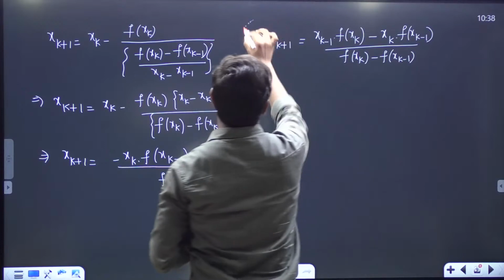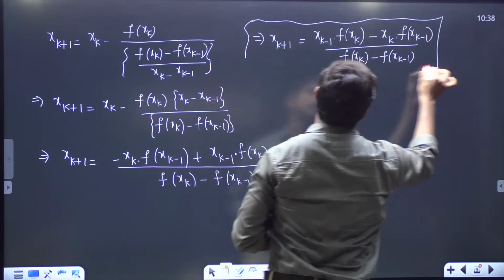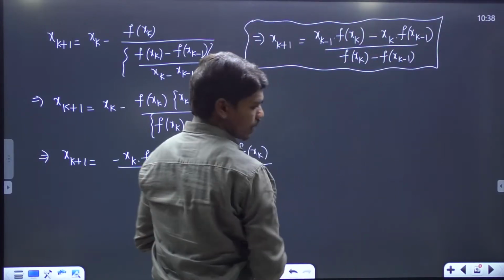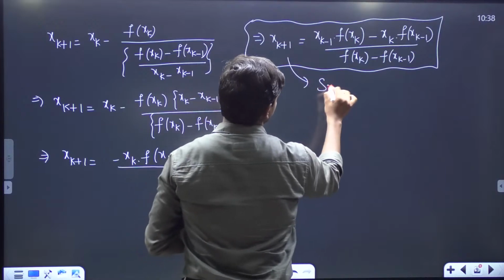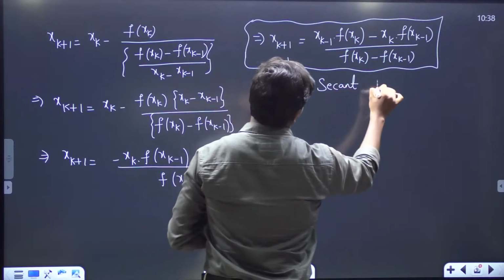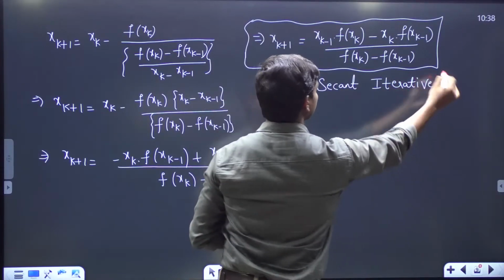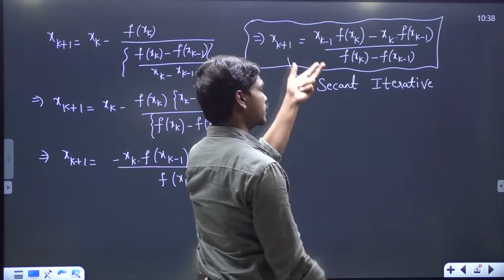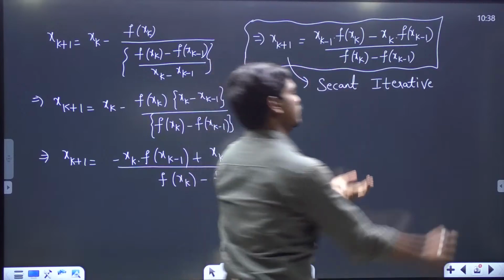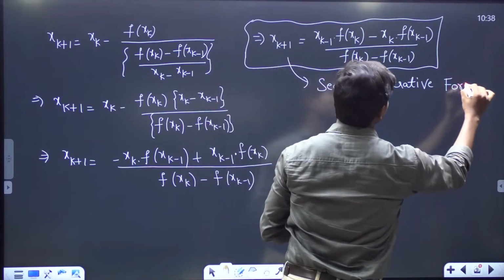So this is also an iterative formula that we have, and this formula is called the secant iterative formula. If you evaluate the solution for any equation using this method, we call that method the secant method. So this is the secant iterative formula.